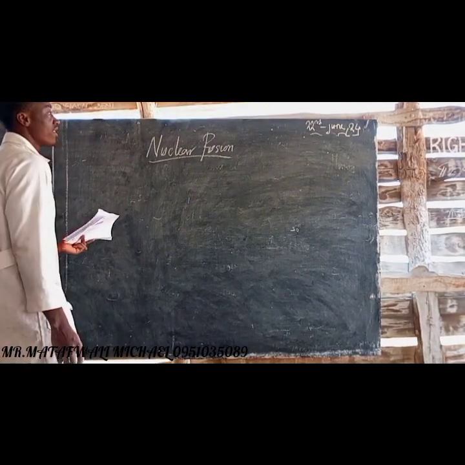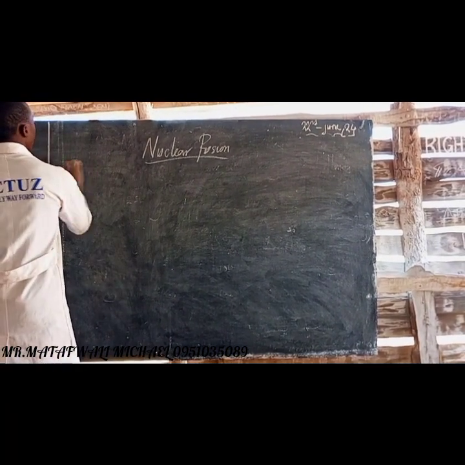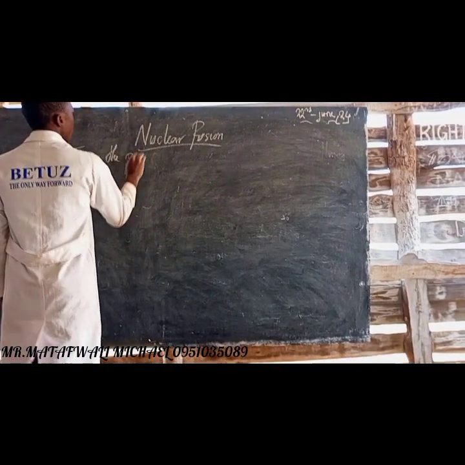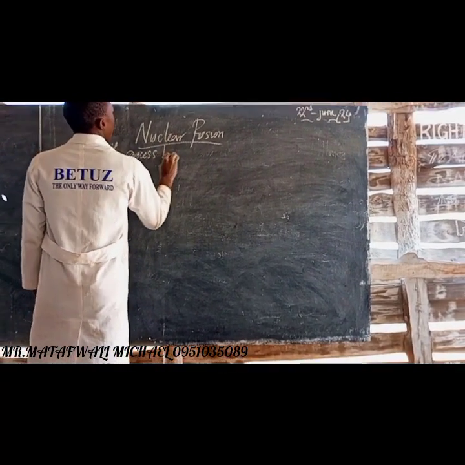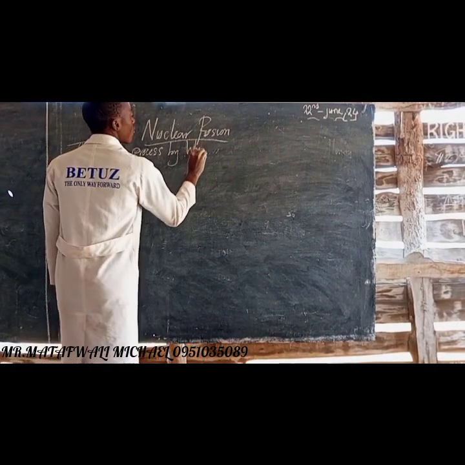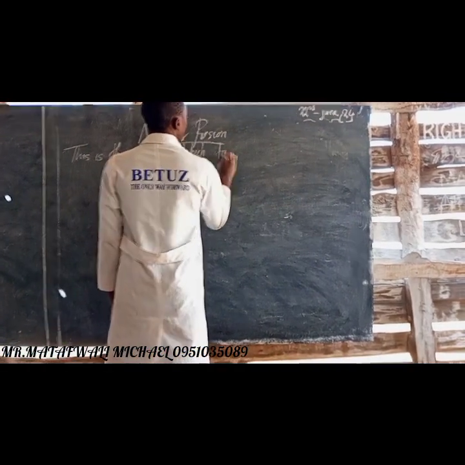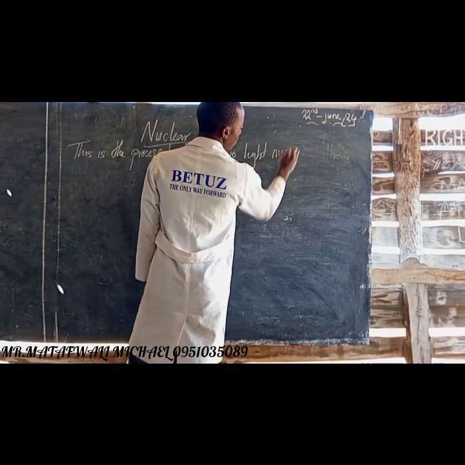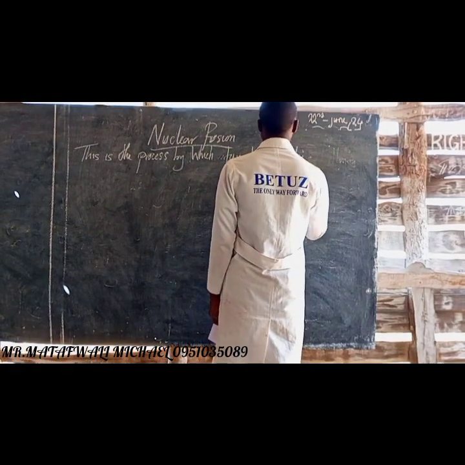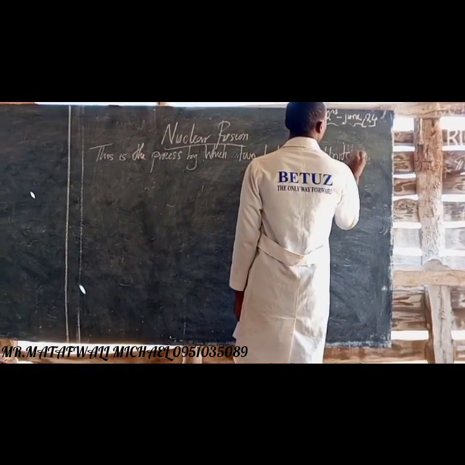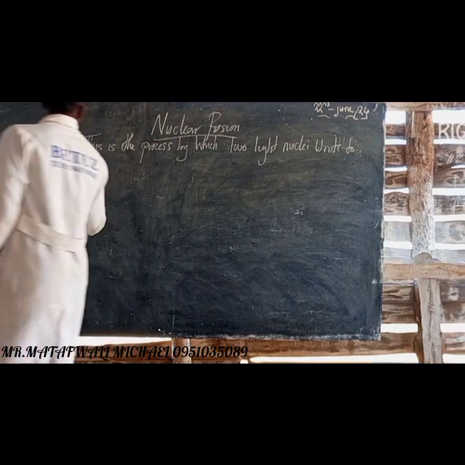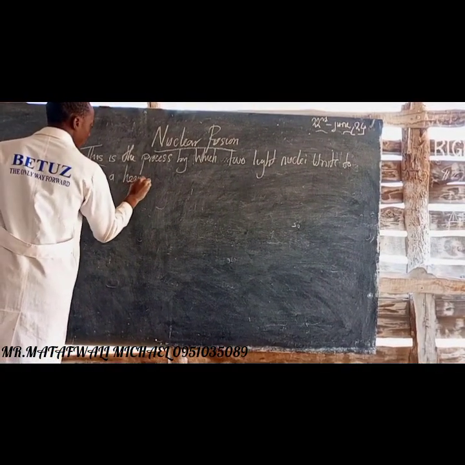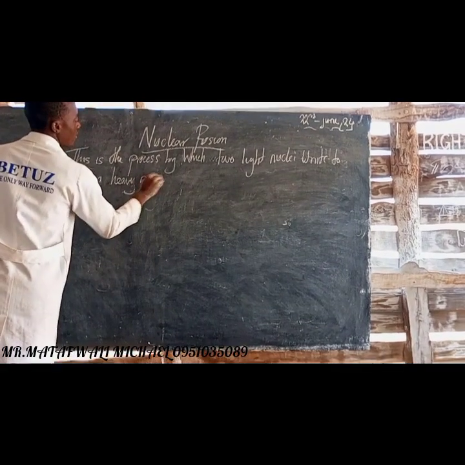This is the process by which two light nuclei unite to form a heavy nuclei.